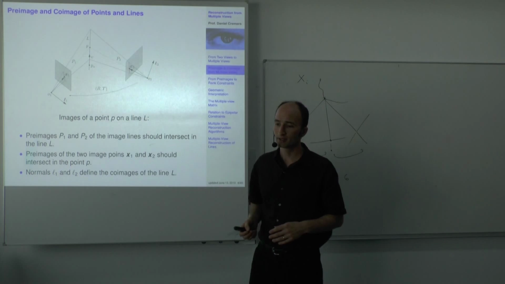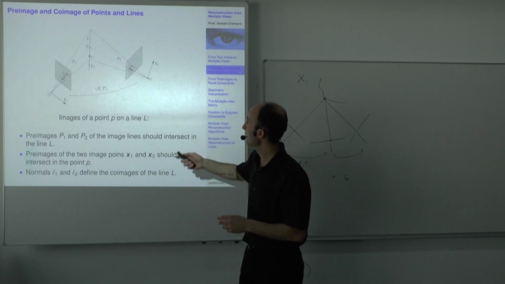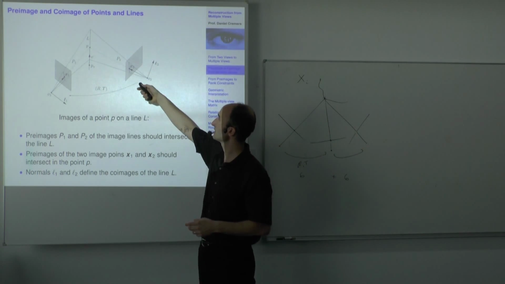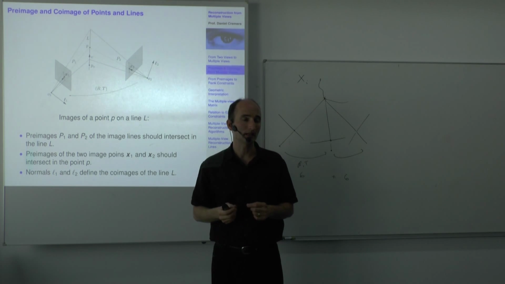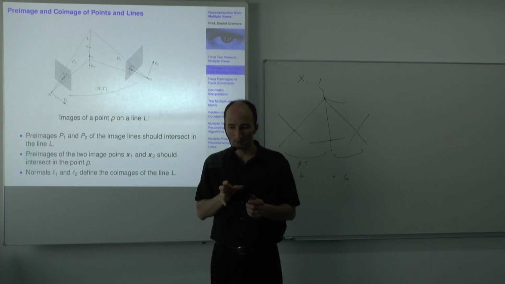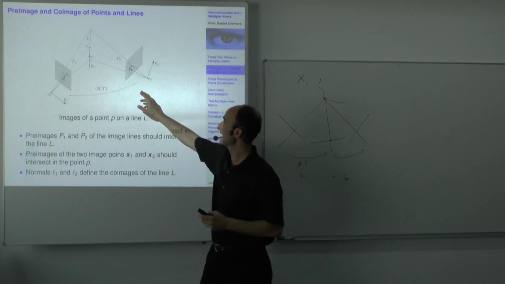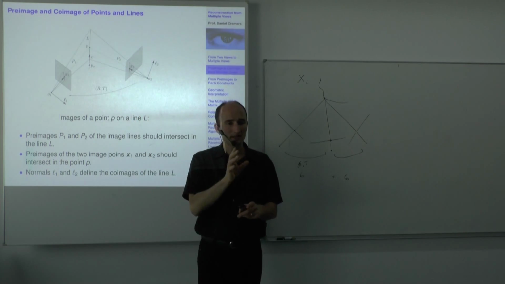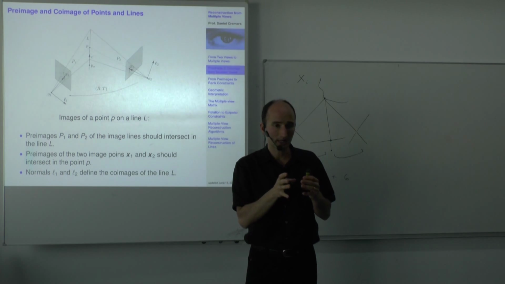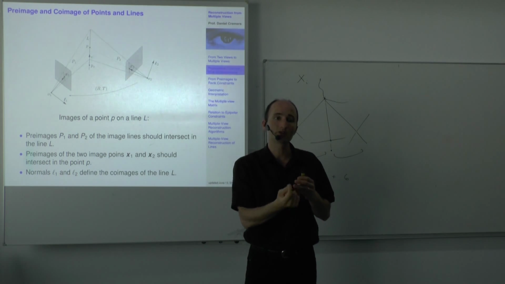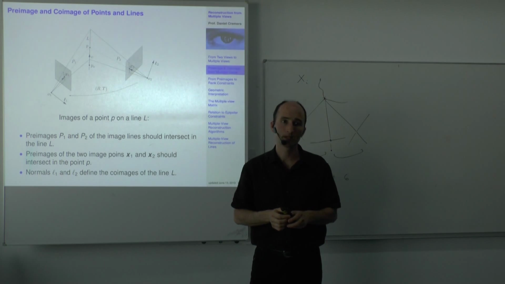However, if you have 3 images of a line, let's say you have a third image of a line, then it's not sure that they all intersect in a line in 3D. And so when you look at lines and you say, I want a consistent pre-image, then having 3 views of a line actually is a non-trivial scenario where there's not always a pre-image.